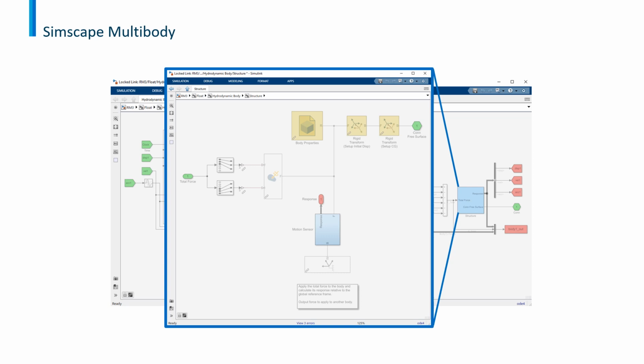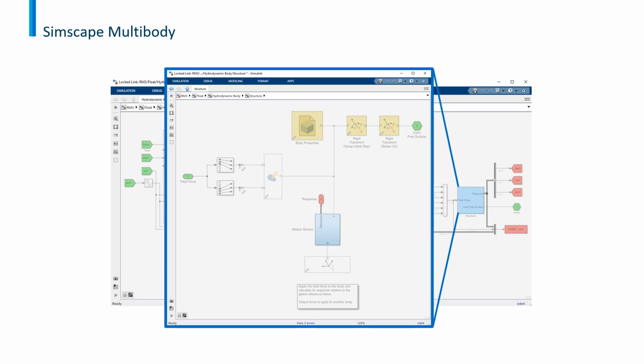The external force block takes in the translational forces and the torques separately, and that is the reason the selector blocks were necessary. The selector blocks between the total force block and the external force block bifurcate the 6-mode total force signal so that the top line selects the translational modes, the surge, the sway, and the heave, and the bottom line selects the rotational modes, the roll, the pitch, and the yaw.